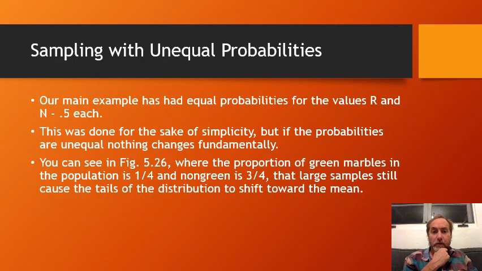Our main example so far has been with equal probabilities for R and N. Each was 0.5, and this was largely done for the sake of simplicity, simpler calculations. But if you have different probabilities, like 3/4 R's and 25% non-reds, nothing fundamental would change.